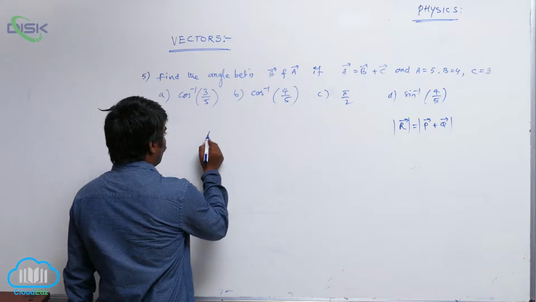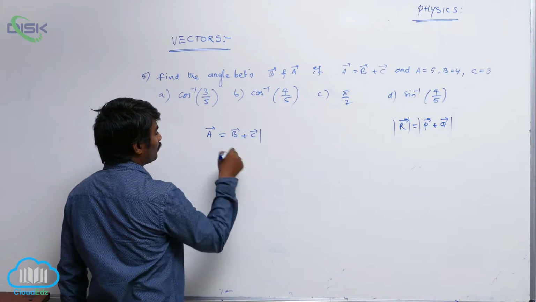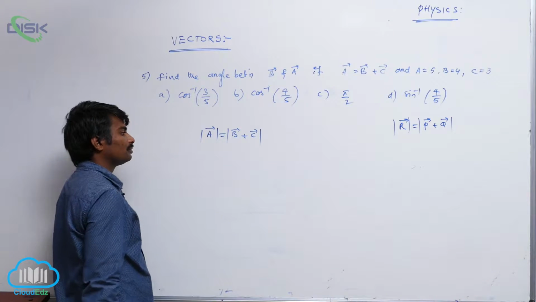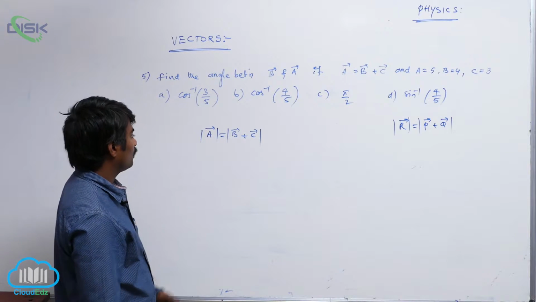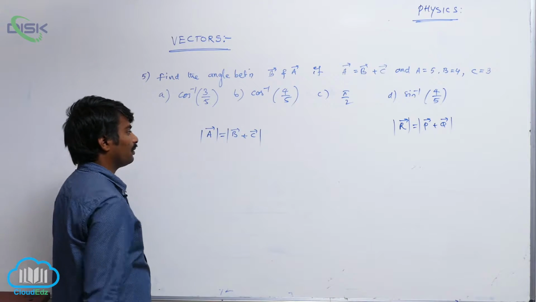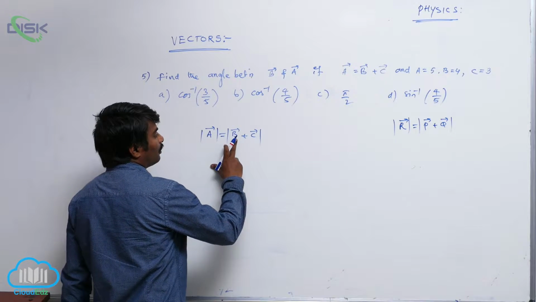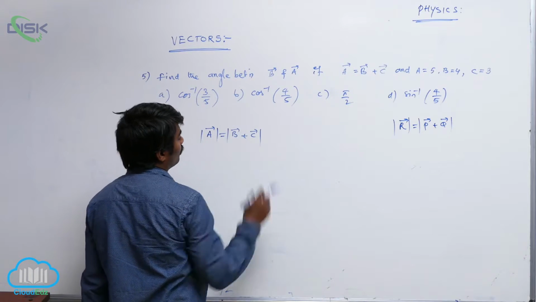Here A bar is equal to B bar plus C bar is given. If you take the modulus on both sides, anyway the three vectors magnitudes are given, so directly we can go for angle between B bar and C bar.